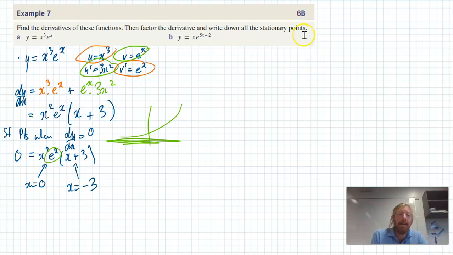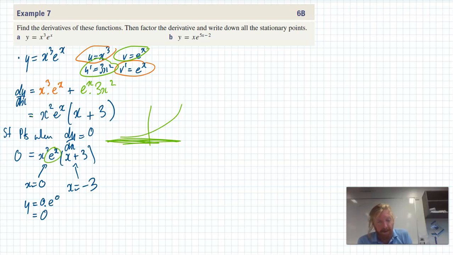Now it said find the stationary points, so I have to find them as points, not just the x values, but also the y values, or coordinates of the point. So I'm subbing in up top to get my location out. x is 0, y equals 0 times e to the 0, which is 0.